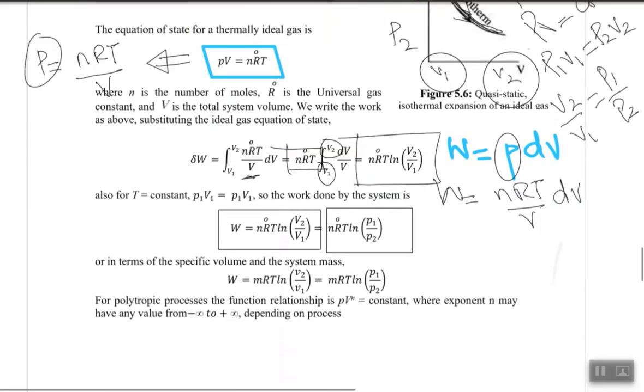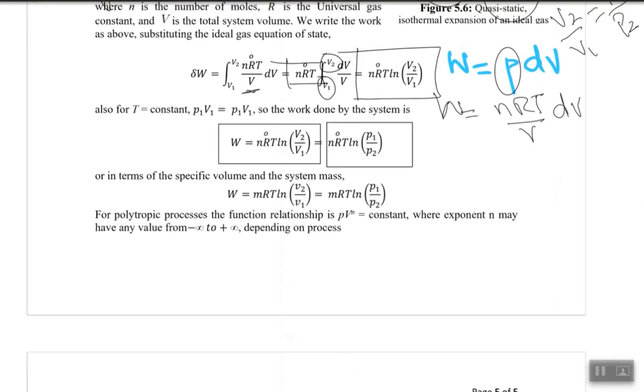isothermal expansion. If there is any other kind of expansion, let's say polytropic expansion. Polytropic expansion is the expansion in which PV is not constant, but PV raised to power n, where n is the power on volume, is constant. That we will explain later on if you need to.